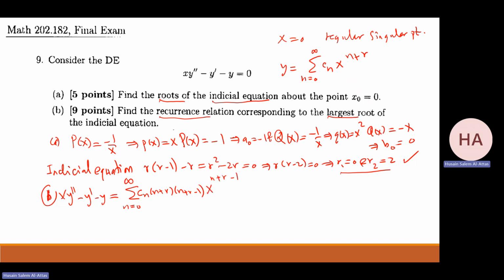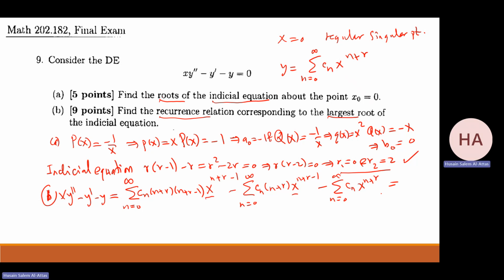minus 2, times x, minus the summation from n equals 0 to infinity of Cn times n plus r, x to the power n plus r minus 1, and y is just Cn x to the power n plus r. Okay. Now, I can do two things at the same time.